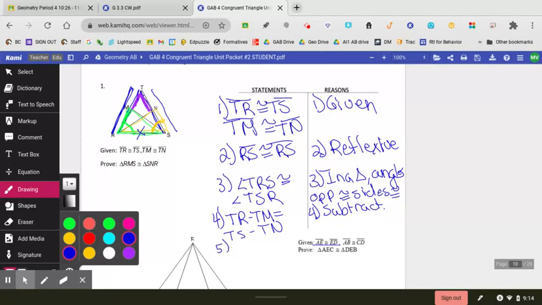And then that tells me that MR is congruent to NS with substitution. And then I have my green and my yellow triangles by side, angle, side. So triangle RMS is congruent to triangle SNR by side, angle, side.